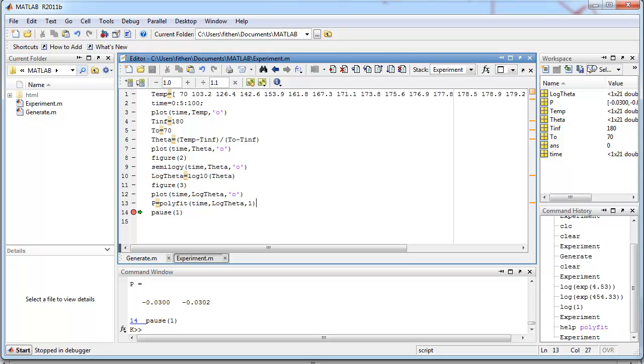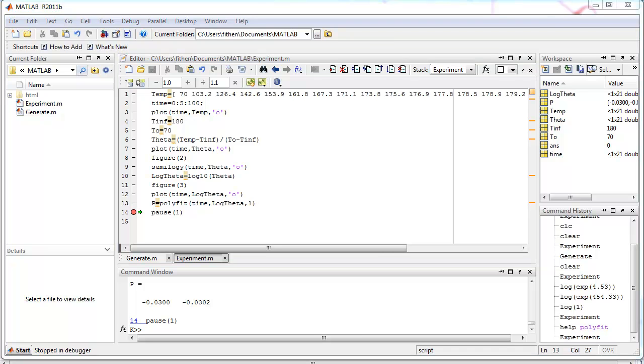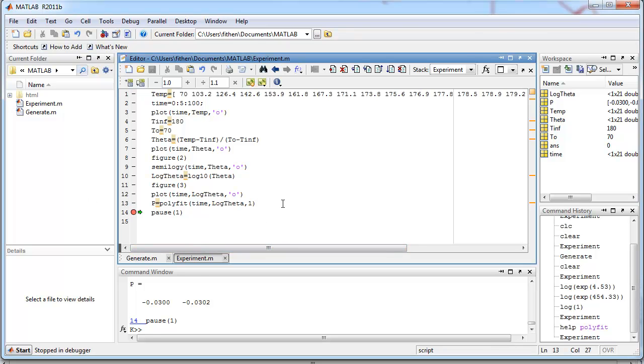By looking at polyval. Okay, y, for example, is going to equal polyval of my P and my time.